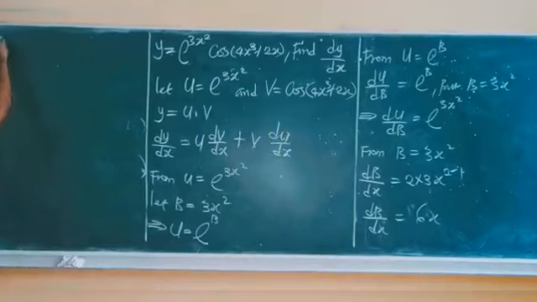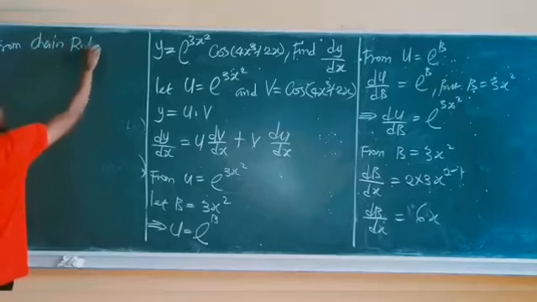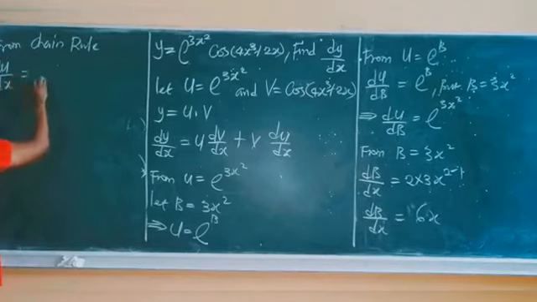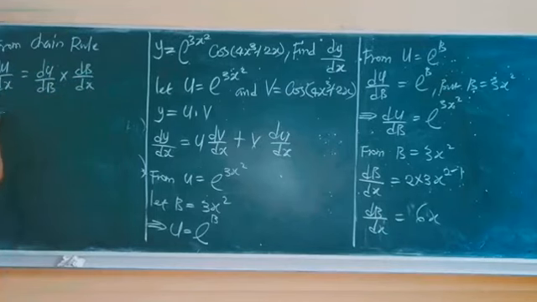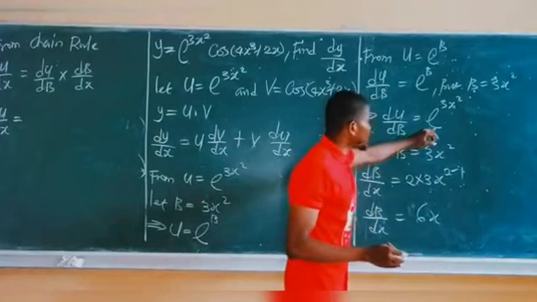Okay, so from chain rule, I can find out that du dx is simply du db multiplied by db dx. Okay, so du dx is now equal to, in place of du db, that actually gives us simply exponential 3x squared.